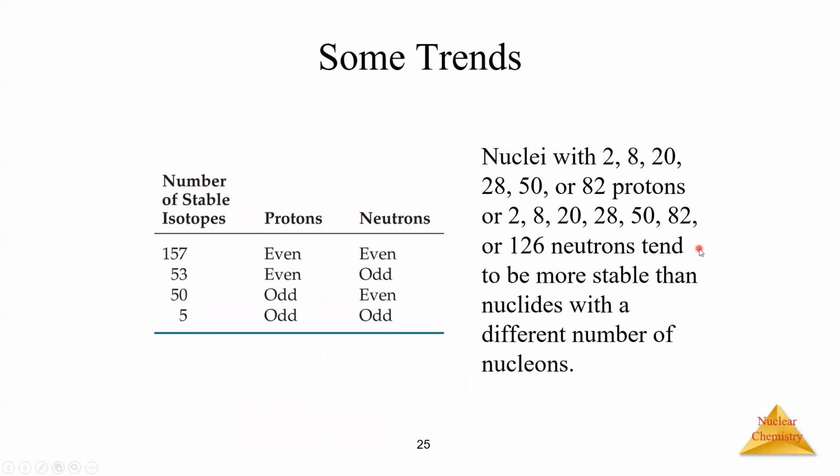And then if we think back for a second to electron configuration, we had different configurations that were more stable. So of course, the noble gases, that fully occupied valence shell. But then also there was the completely unoccupied or the half-filled. Both of those were more stable than other configurations.